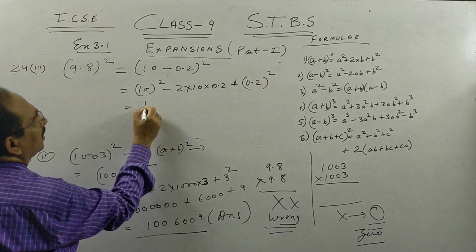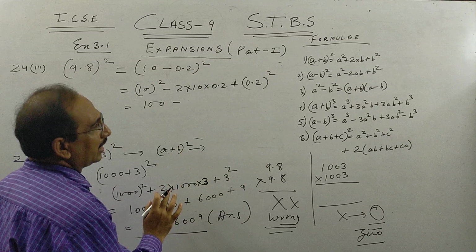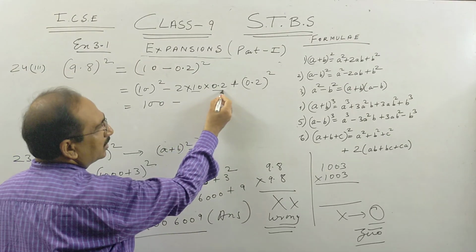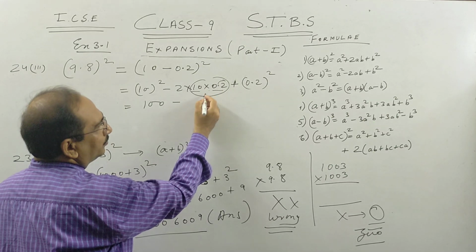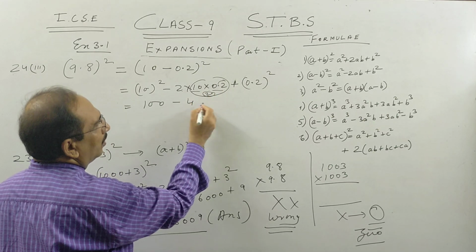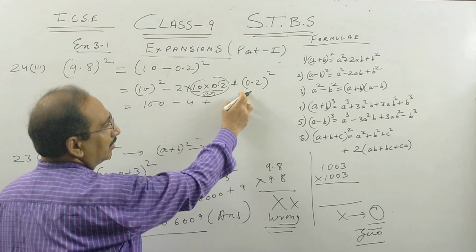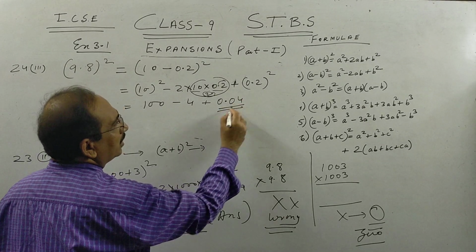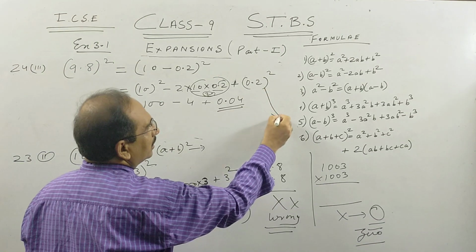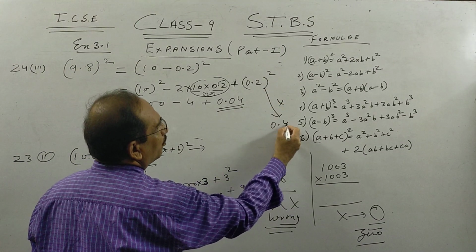So what did we get, children? This is 100. This is, see very carefully. This into this, if you do, one decimal will go here. So it will become 2. Check nicely. 2 2s are 4. And this again is a big trick. 0.2 into 0.2, children, it will be 0.04. Don't make the mistake that it will be 0.4.